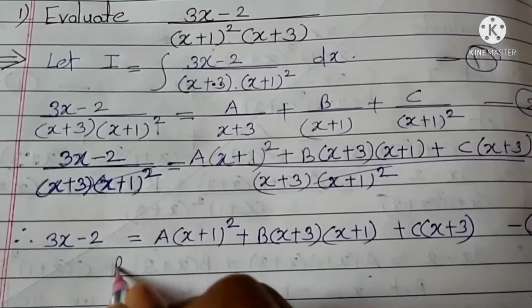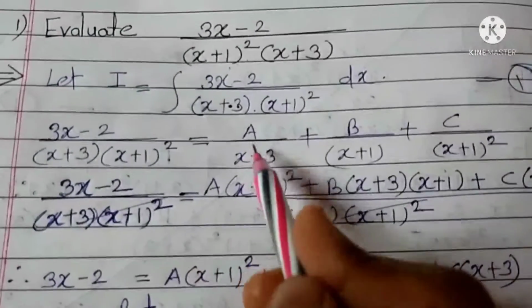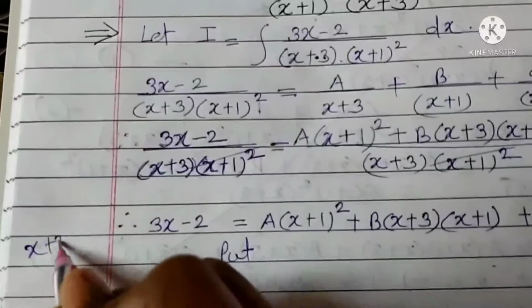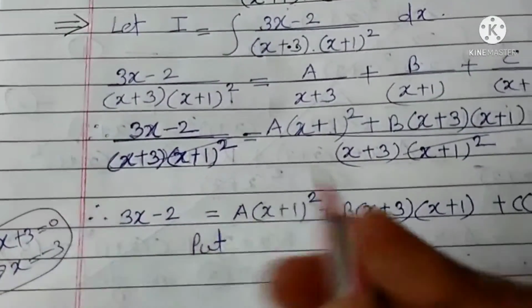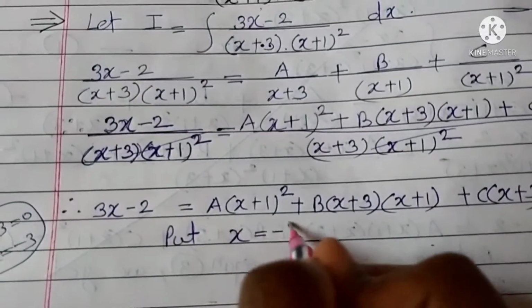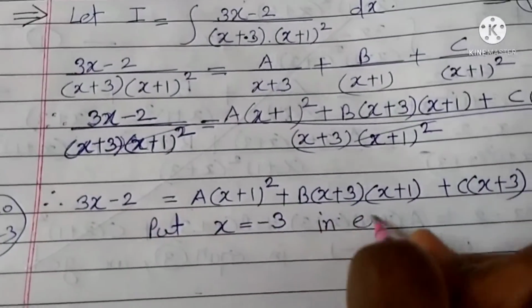Now here we have to find these three unknowns a, b, c. So first, for a, take x plus 3 equal to 0, and this implies that x is equal to minus 3. So put x equal to minus 3 in equation third.